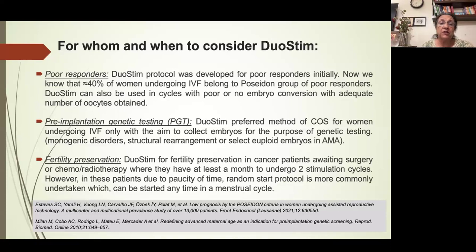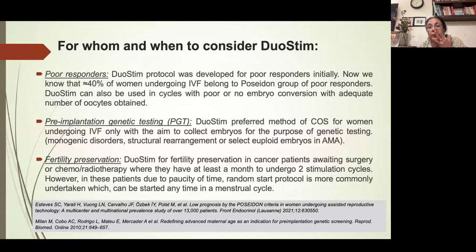Then there is another very important indication which has emerged for Diostim, and that is when we have contemplated pre-implantation genetic testing. Like I taught you in the genetic PGT class, genetic testing is for IVF patients, and it is also for patients who get pregnant very simply, go to obstetricians, and then we find an underlying abnormality in the form of recurrent abortions, where we could find chromosomal structural translocations, or there could be monogenic disorders, and the baby born previously shows a genetic abnormality which is not compatible with the normal life of that child.